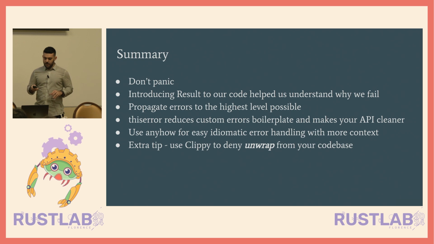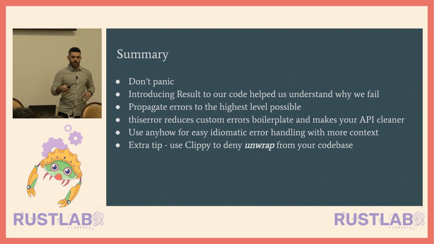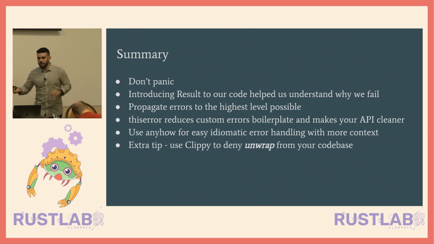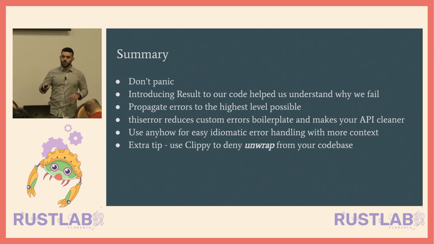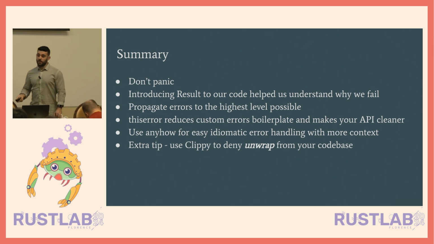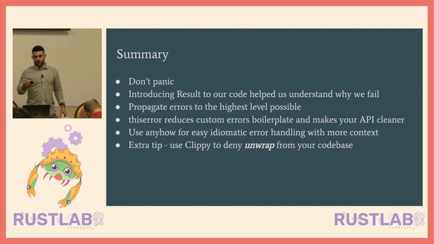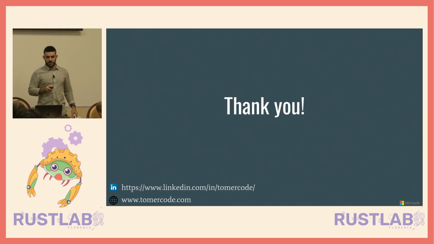It has a lint called deny unwrap. You can use this deny unwrap to deny the use of unwrap with the linter, and that way when someone tries to add an unwrap call, the linter will fail, and they will need to explicitly exclude this lint for their use. Thank you very much.